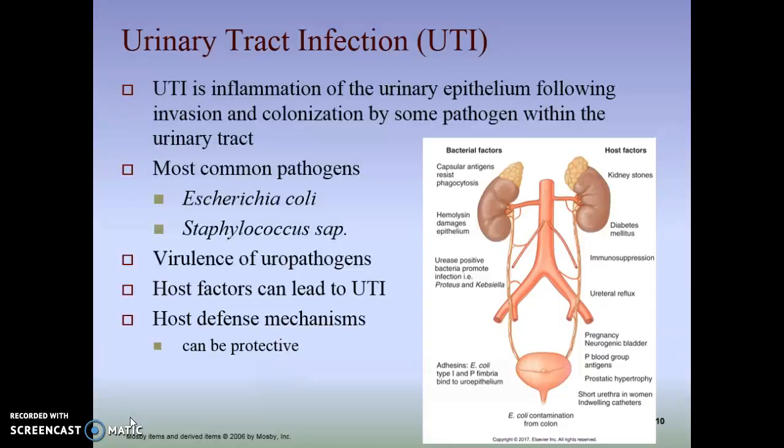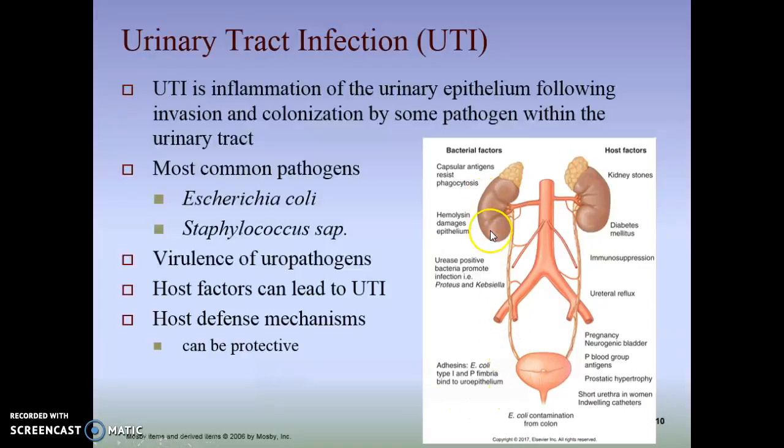All right, so most UTIs are going to be caused by bacterial infections, but you can see from this figure here that there are other factors that will cause a urinary tract infection.